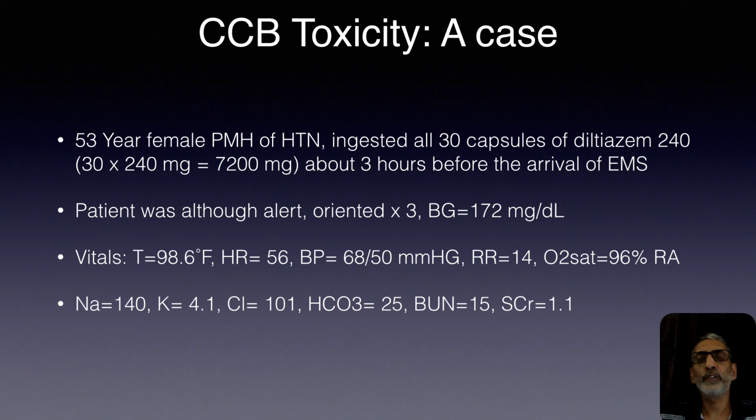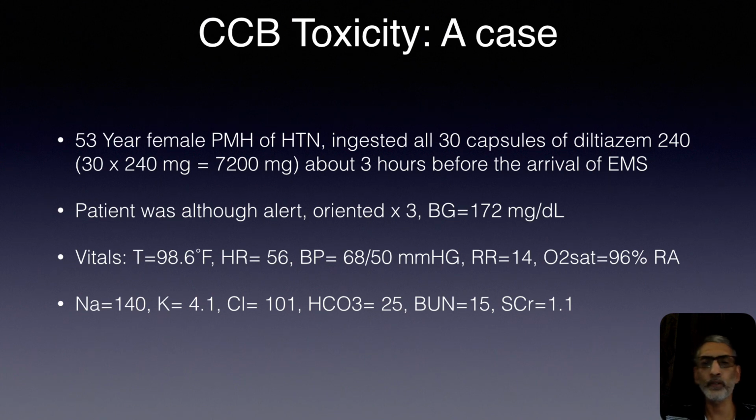Now, since we have gone through the guideline by the Journal of Critical Care Medicine, let's consider a calcium channel blocker patient: a 53-year-old female with a past medical history of hypertension was brought to the hospital by EMS. This patient ingested 30 capsules of diltiazem 240 milligram, basically 7,200 milligram.